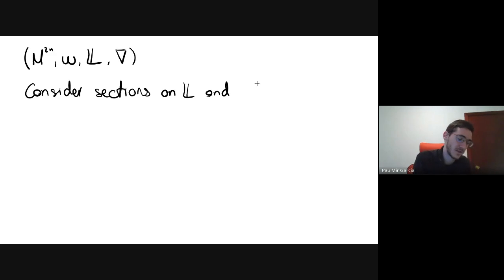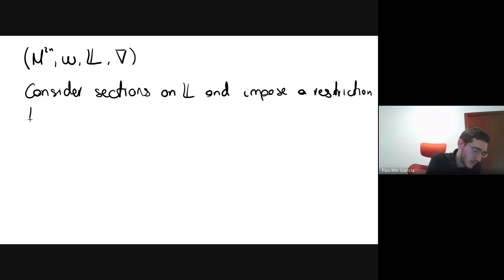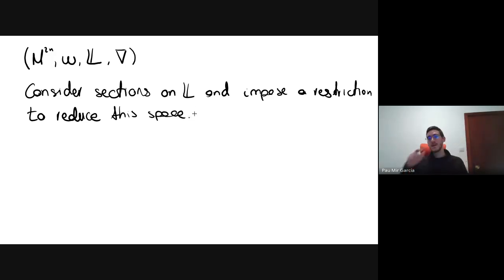So consider sections on L and let's impose a restriction to reduce this space. And how can we reduce this space of sections, which is the rule that we will impose here? There can be many. This is the point.